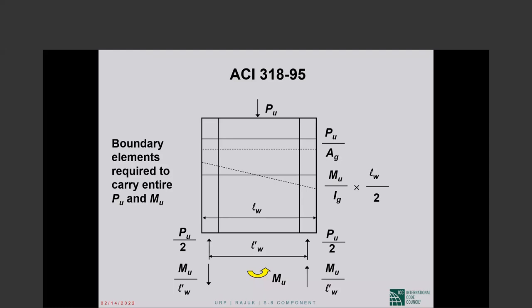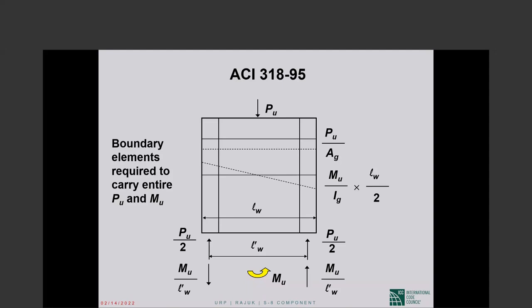The 1997 UBC shear wall design procedure was a huge improvement over what we had in 318-95. So in 318-99, the UBC 97 shear wall design procedure was brought in with a number of rather significant changes.